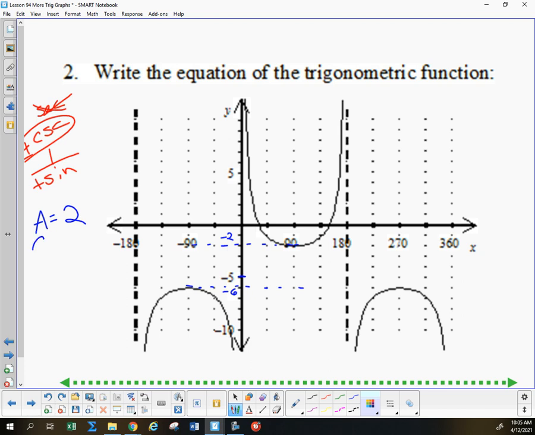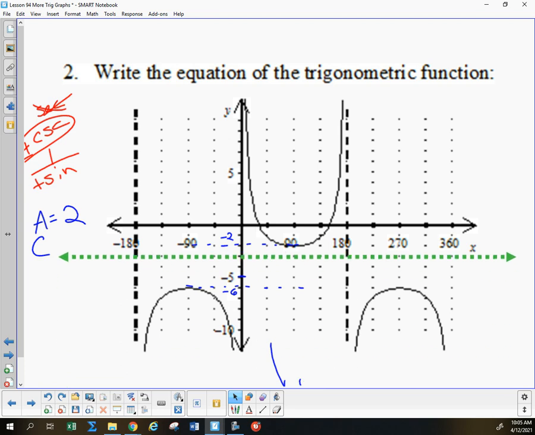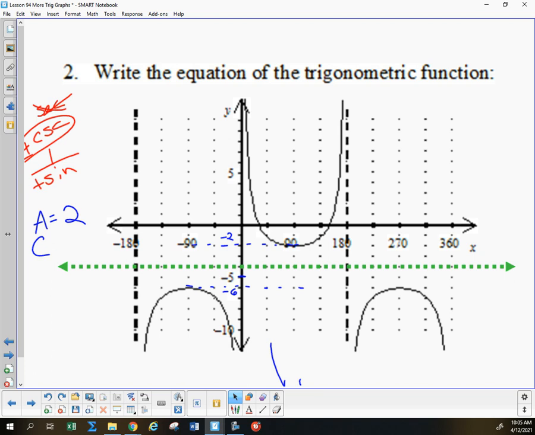And the center line has to go 2 above the -6 and 2 below the -2. So that means it needs to go right there. It'd be 2 below the -2 and 2 above the -6. My center line needs to be -4.